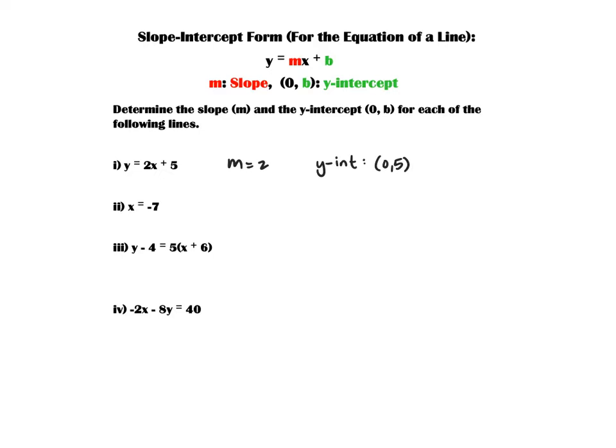Okay, in part 2, we see something very unique. Anytime you see x equals a number and there's no y present, if you were to graph this on your graphing calculator, what you would see is that at -7, you'd have a vertical line. Now, that was supposed to be on that spot, but I'm not perfect other than my haircut.